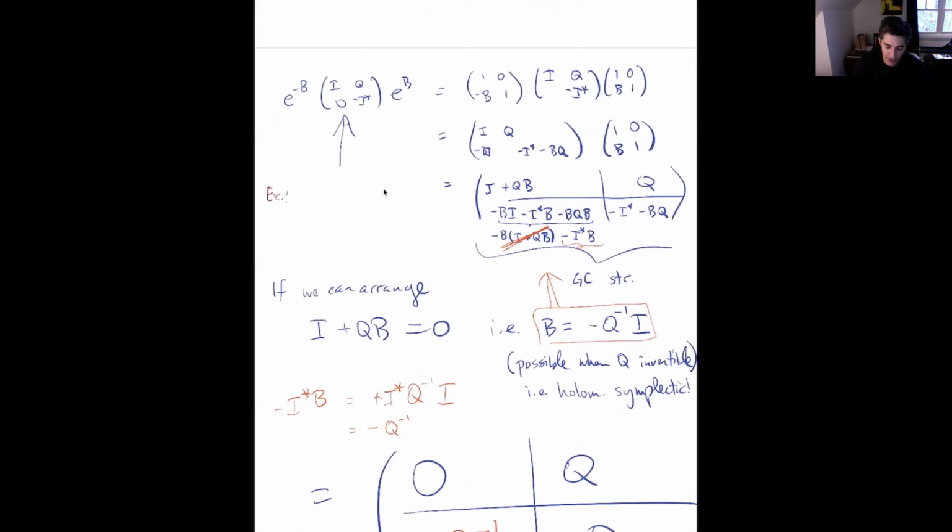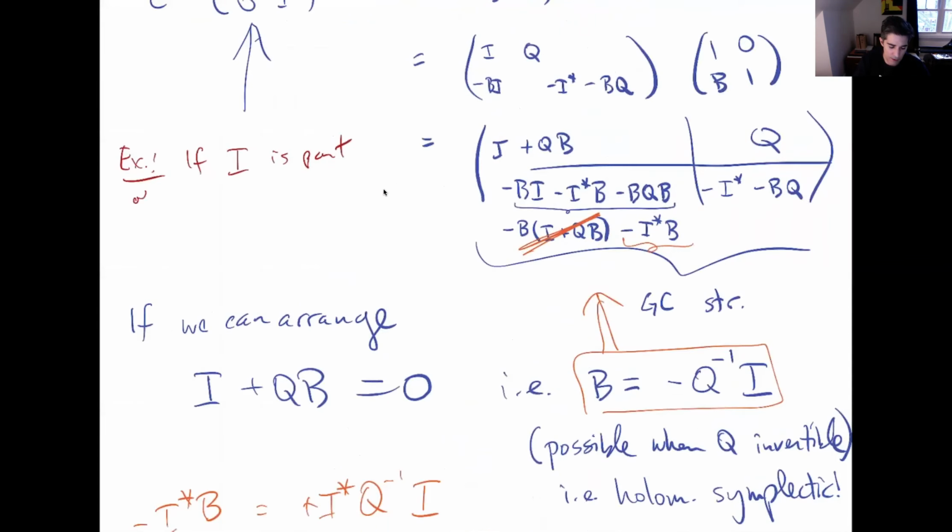For example, if I is part of a hyperkähler structure, I, J, K, then what you can do is take the complex structure and then take the Poisson structure to be (omega_J plus i omega_K) inverse.